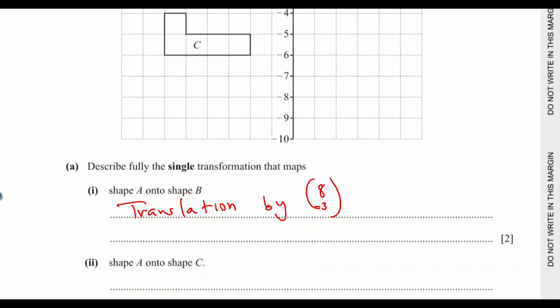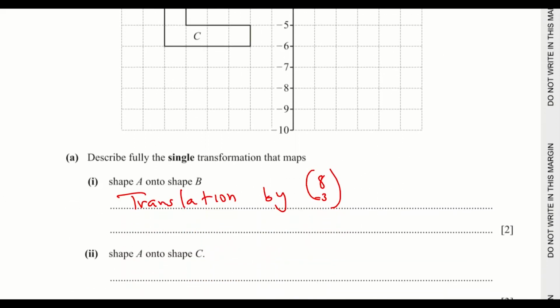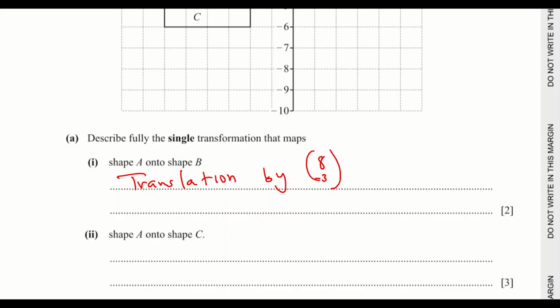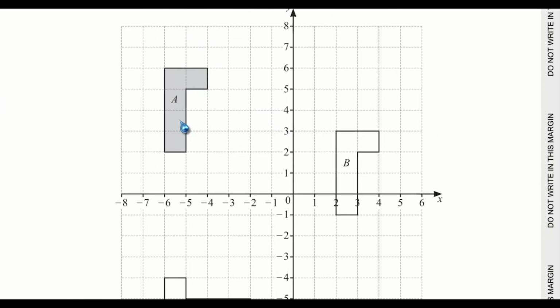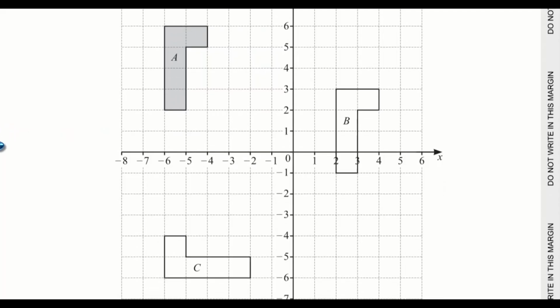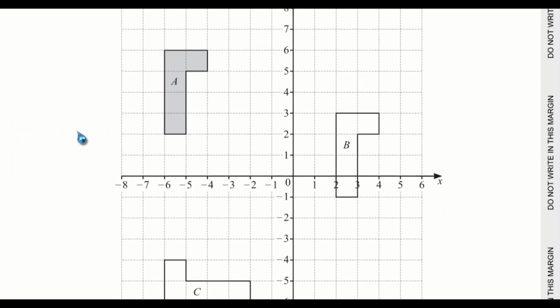Okay, so let's go to the second one, roman figure 2. Shape A onto shape C. If you look at this very well, this will be a rotation. So we need to get the angle of rotation, the direction, and the center of rotation.